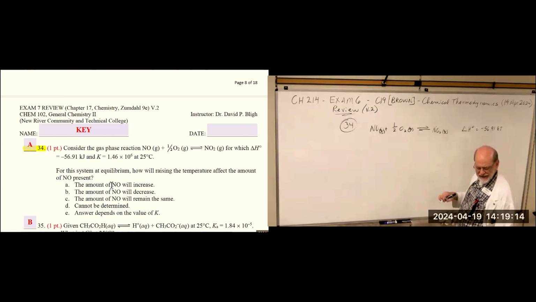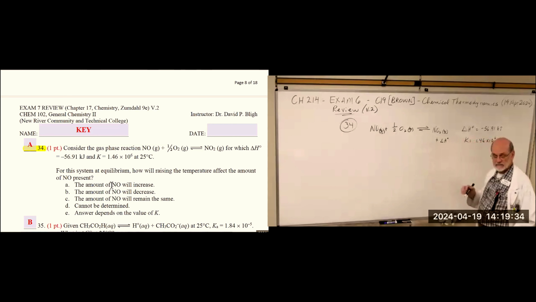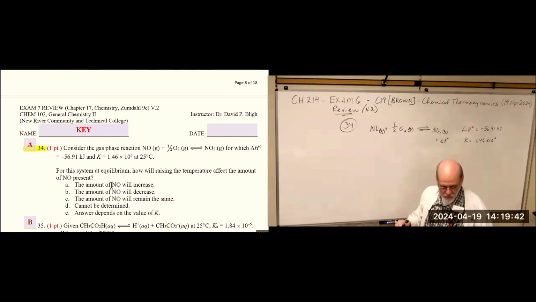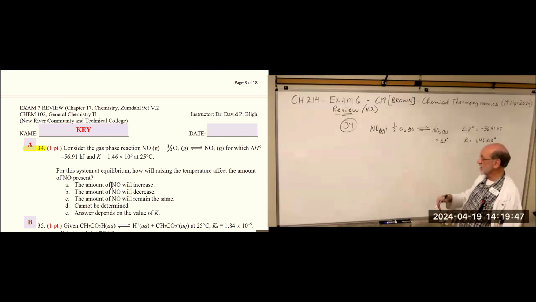And we're also given K, 1.46 times 10 to the 6th. Well, that tells us that the equilibrium is way over here. But this also tells us that it's exothermic. This negative value tells us that the heat term would be on this side. All right. So for this system at equilibrium, what happens if we raise the temperature? This is a simple Le Chatelier's problem.